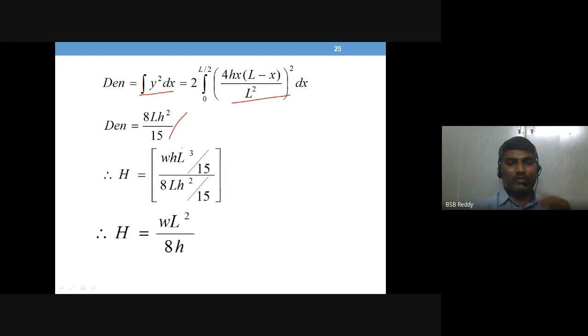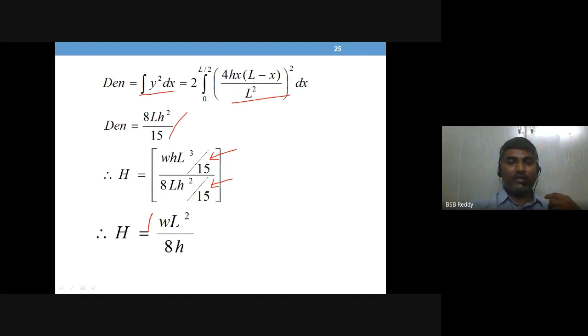So now you substitute for the numerator W H L cube by 15, where the numerator will have the load term involved, whereas the denominator will have only geometric quantities. So if you cancel out all the terms which are similar in the numerator and denominator, what you have, you see, is W L square by 8H.